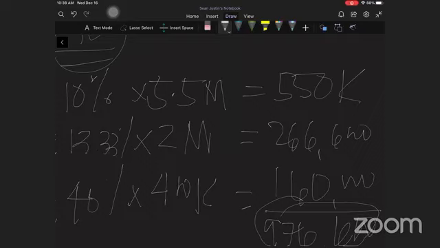The answer is 976,600. Another question, how much is the accumulated depreciation on year 1? It's the same, 976,600.